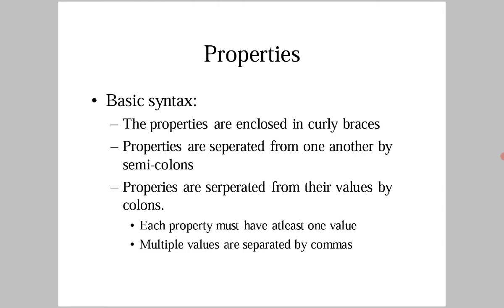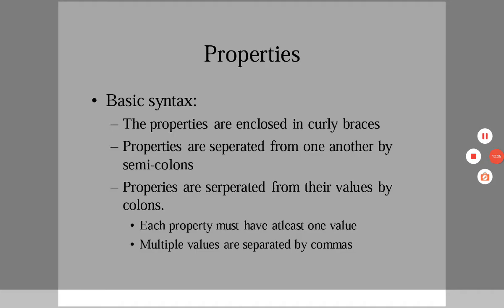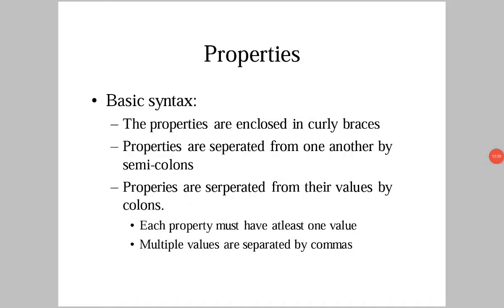What are properties and what are attributes? How to use them? The basic syntax: the properties are enclosed in curly braces. There are different types of braces, and one type is the curly brace. So all the properties of CSS syntax are written inside the curly brackets, and properties are separated from one another by a semicolon.